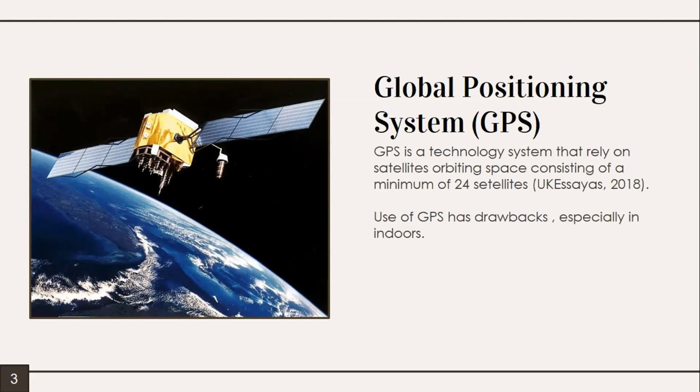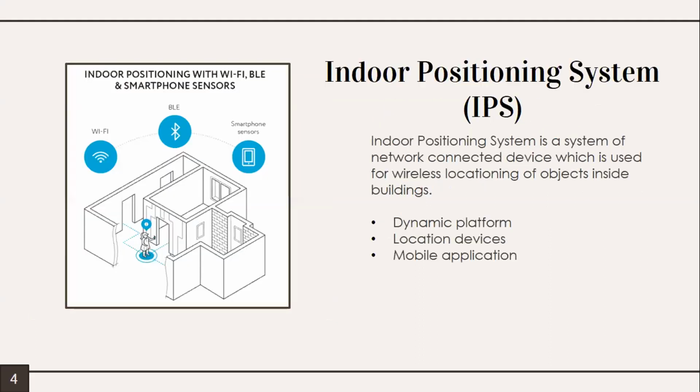Let me introduce to you the indoor positioning system, or IPS. IPS is a system of network-connected devices which is used for wireless locating of objects inside buildings. IPS technology can vary in accuracy, cost, installation, and maintenance.